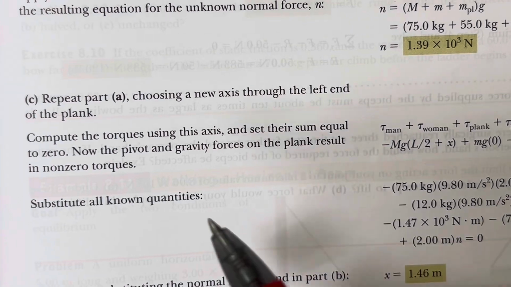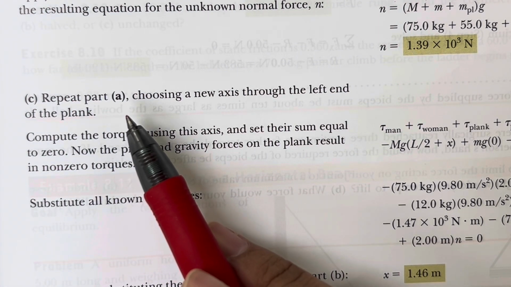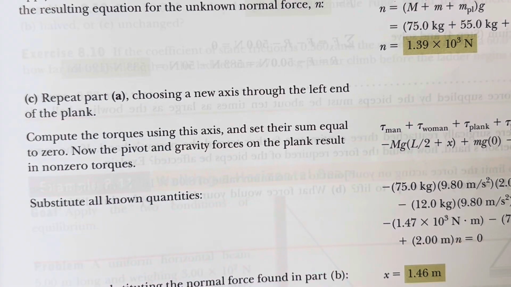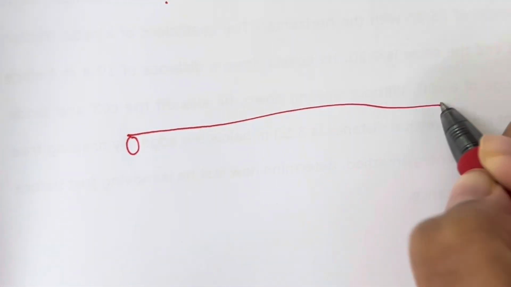For part C, it asks you to repeat part A, the same as question A, but right now the situation is different. This is the pivot of the seesaw.